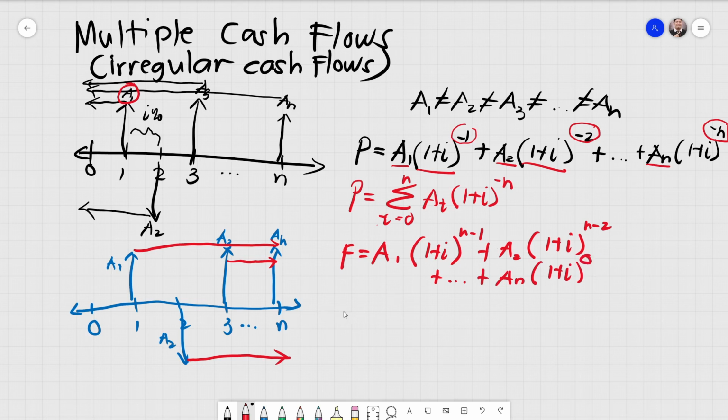So in summation notation, we have the summation from t equals 0 to n of A sub t times 1 plus I raised to n minus t. So, yan lang yung ating working formula.